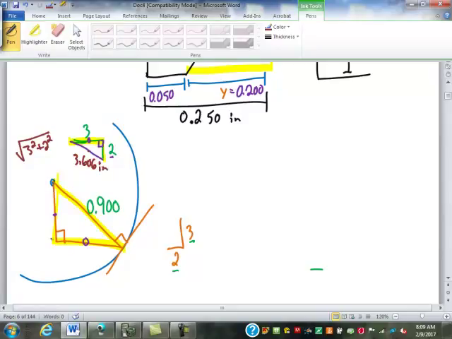Now let's stop. Any questions on where I got the 3.606? That 3.606 corresponds to the 0.9. Those are both the hypotenuse of these corresponding triangles.